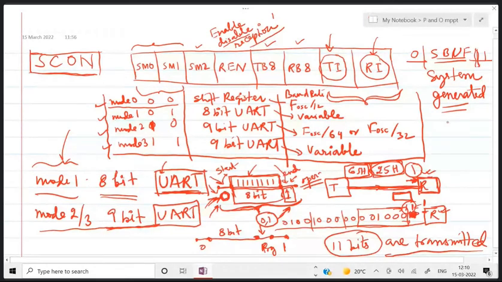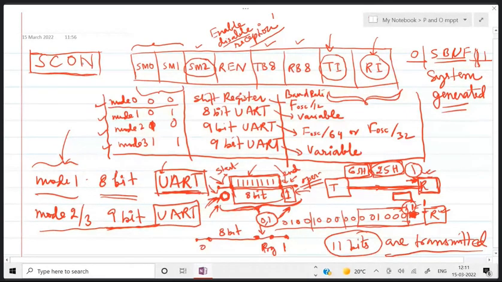Fine. Now let me explain the significance of this 1 here at the end. This is the end bit. Okay, for that, let me come to this SM2 now. The SM2 bit of SCON.